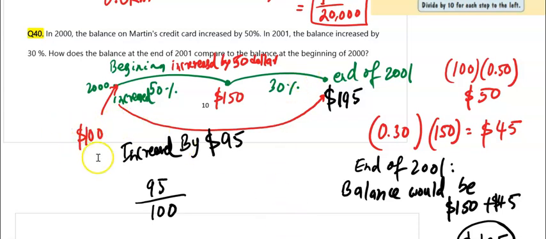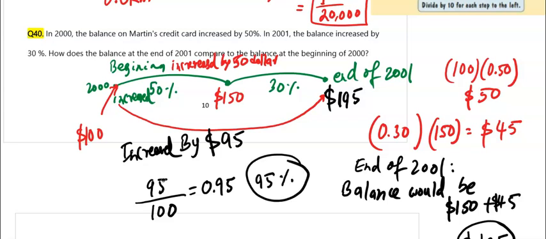Notice that $100 is the reference value, increased by 95, which is 0.95, and as a percentage that is 95%. So how does the balance at the end of 2001 compare to the balance at the beginning of 2000? The balance increased by 95% in total from the beginning of 2000 to the end of 2001.